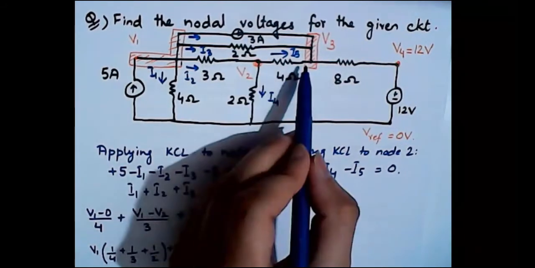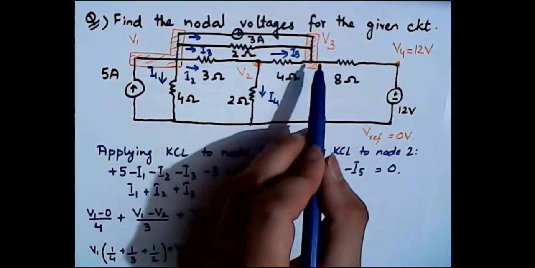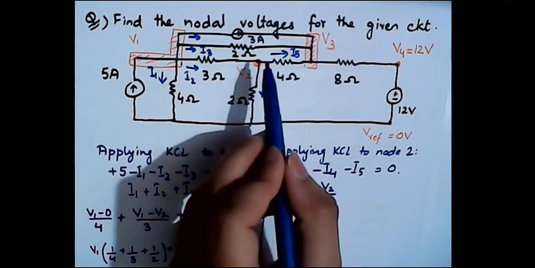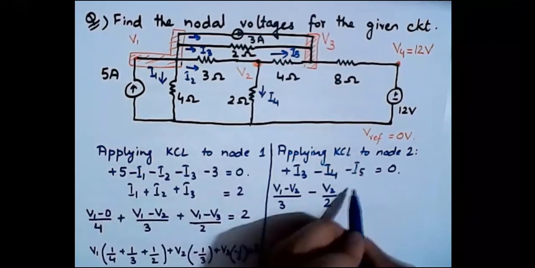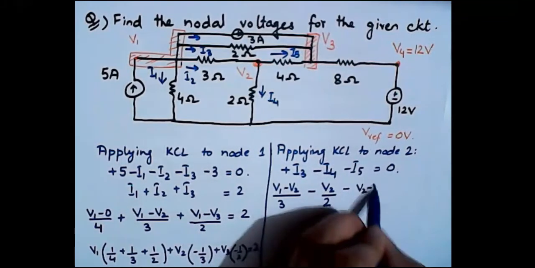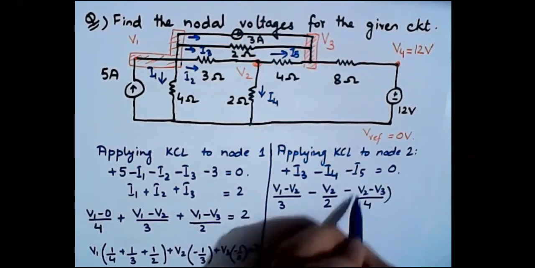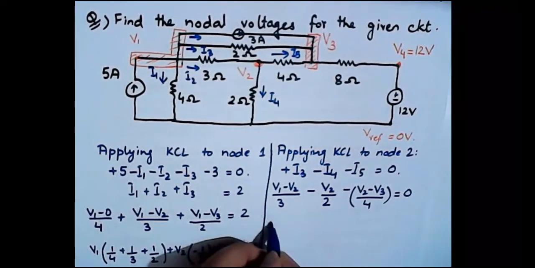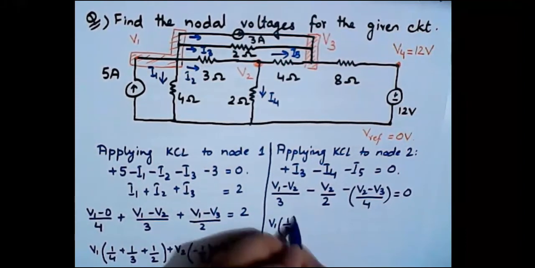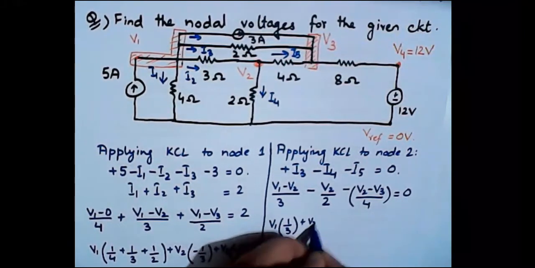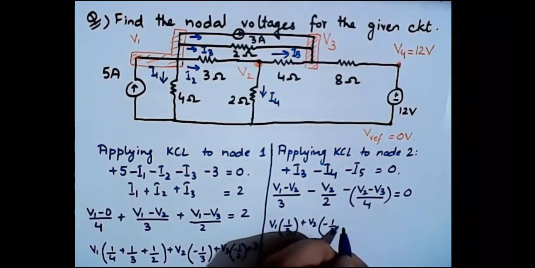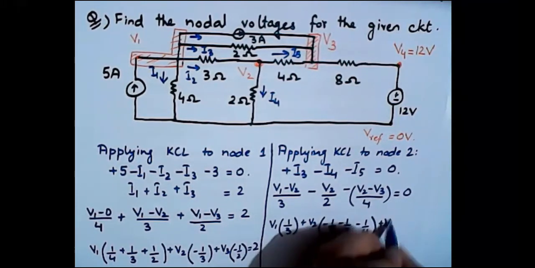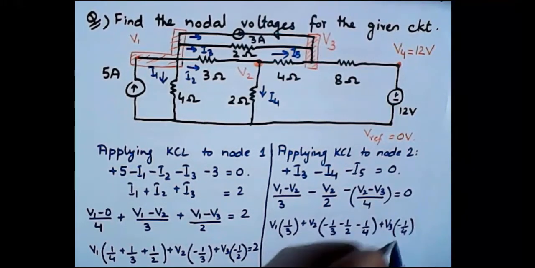And similarly I5 is flowing between node 2 and 3, right? So its voltage equivalent will be V2 minus V3 divided by the resistance, which is 4 ohms. I hope there is no confusion in this. Now when we are just separating out the terms, V1's coefficient will be 1 upon 3, plus V2, its coefficient will be minus 1 upon 3 minus 1 upon 2 minus 1 upon 4, plus V3 times minus 1 upon 4 is equal to 0.